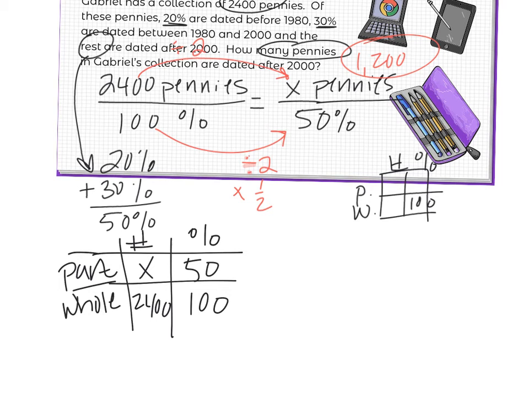Okay, so a couple different ways you could do this. You could say, well, 100 times 24 gives me 2,400, so I can do 50 times 24.